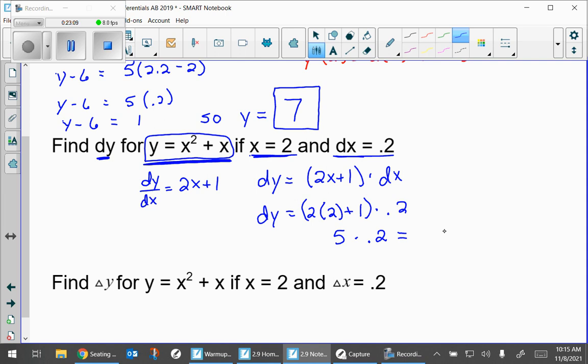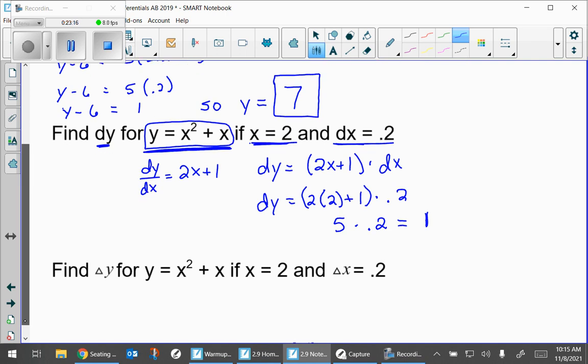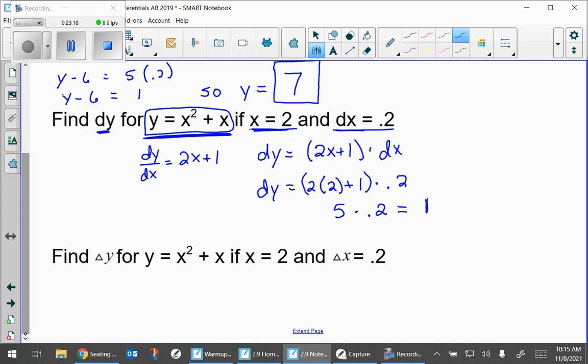What'd you get for a value of dy? Looking good. And delta y is probably going to be pretty darn close, isn't it? I'm going to start out by finding y when x is 2. What do you get? Now, what other y value do you have to find?